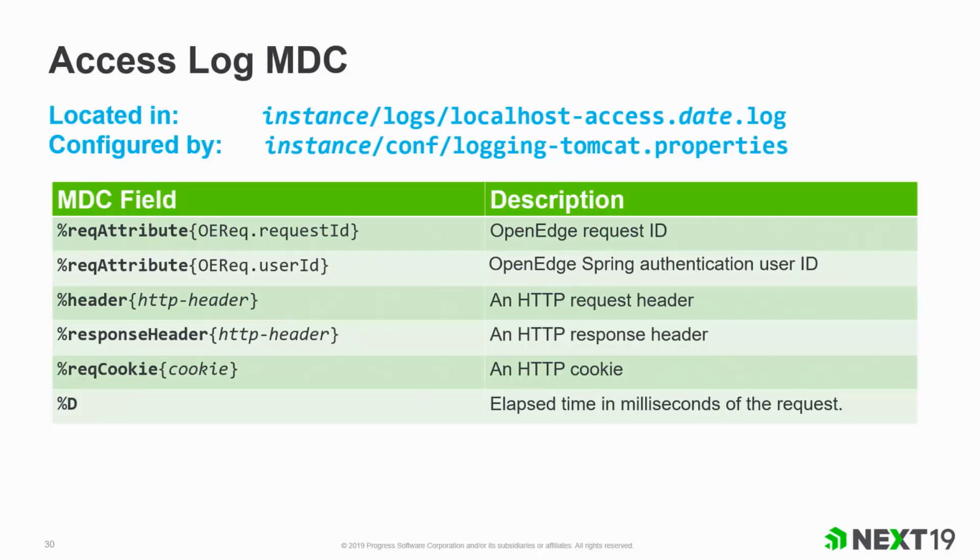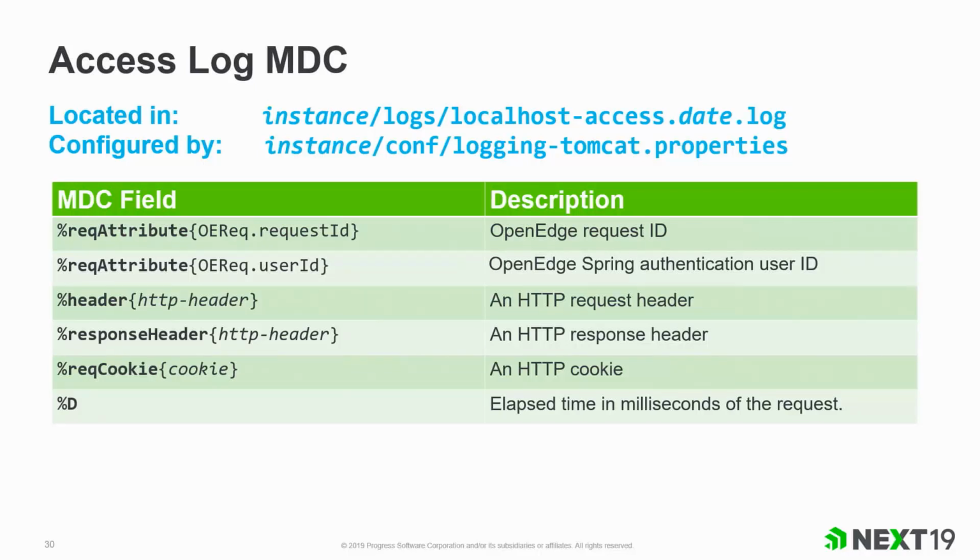Well, let's start with the access log. We'll talk about that again. The access log is in the instance logs directory, configured by that logging-tomcat.properties. And what happens with MDC is you have these substitution parameters that you can put into that pattern.